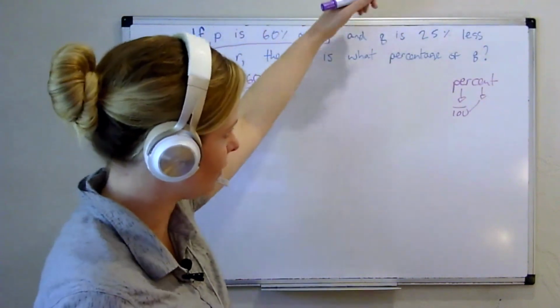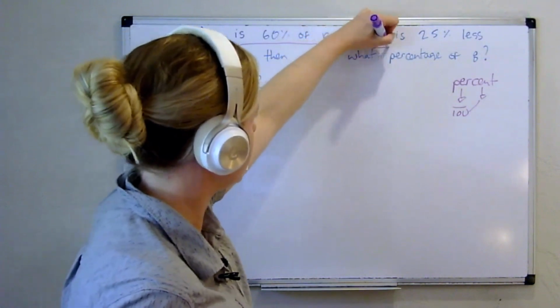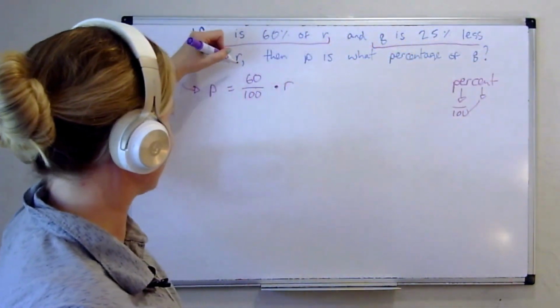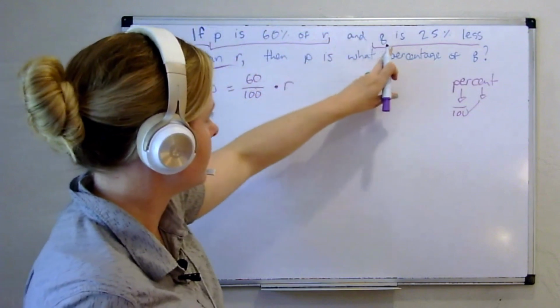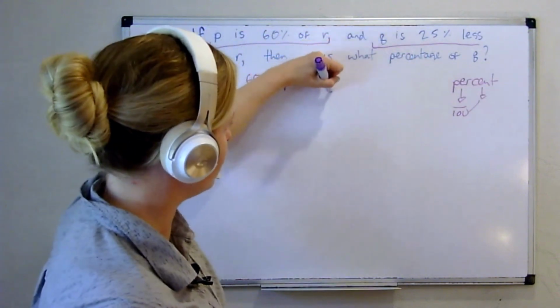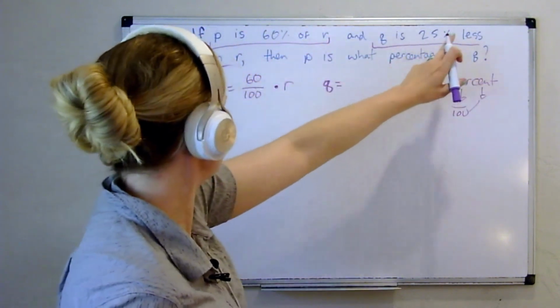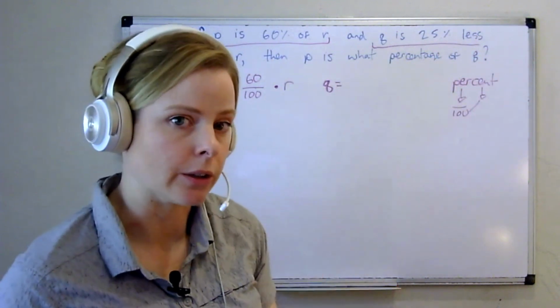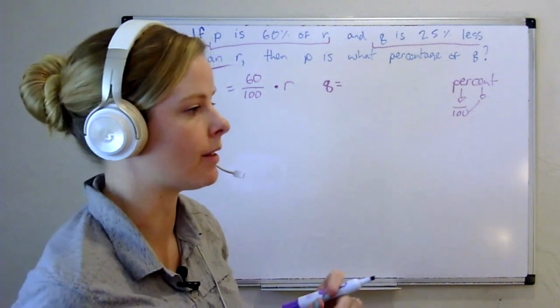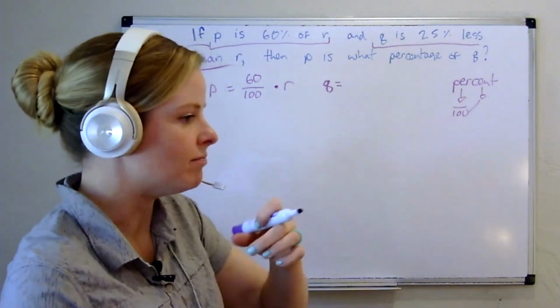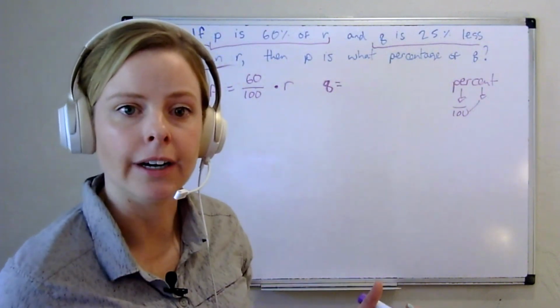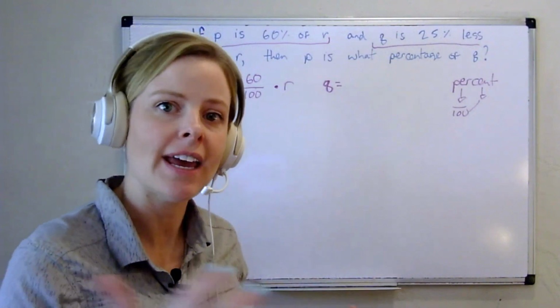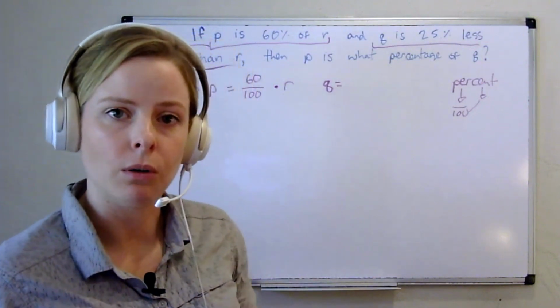Now, let's do the same thing for the next little bit. We get that Q is 25% less than R. Start out the same way: Q is, so Q equals 25% less than. Now, you can write that out literally if you want, but I think there's an easier way to think about it. If you've got the whole of R, or the whole of anything, and then you take away 25%, what are you left with?